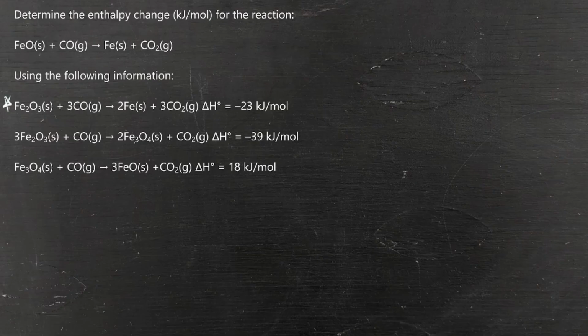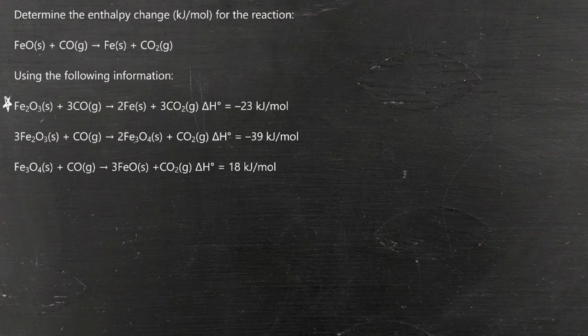Looking at this first reaction, it is the only one where we have both elemental iron and carbon dioxide on the same side of a reaction arrow. And luckily for us, they are also on the product side of the reaction arrow, which is what we want.